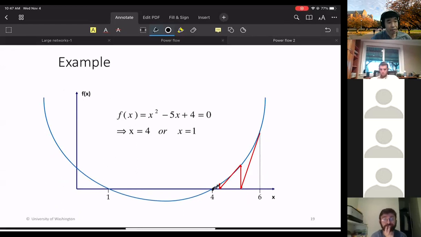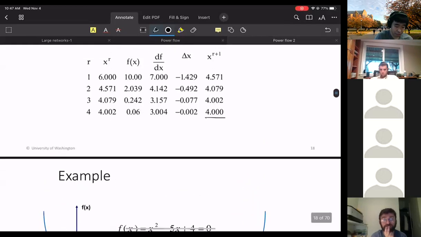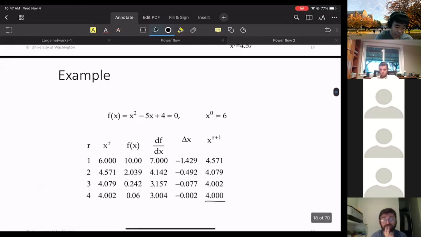Okay, yeah, go ahead. So eventually we want xk plus 1 equal to 0? No, xk plus 1 is a solution. What you have is xk plus 1 equals xk minus f of xk over f prime of xk. This is our update equation. What do we want?